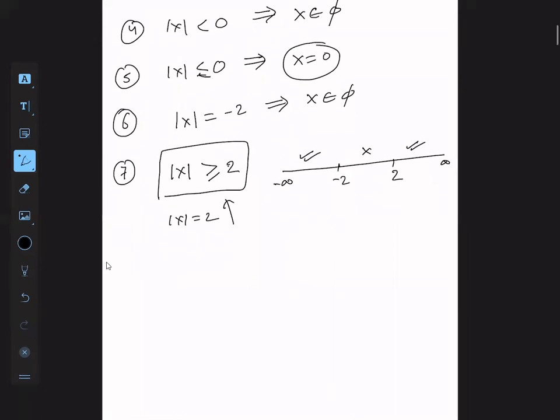So overall you can say, if mod x is greater than or equal to 2, then our answer would be minus infinity to minus 2 union 2 to infinity.